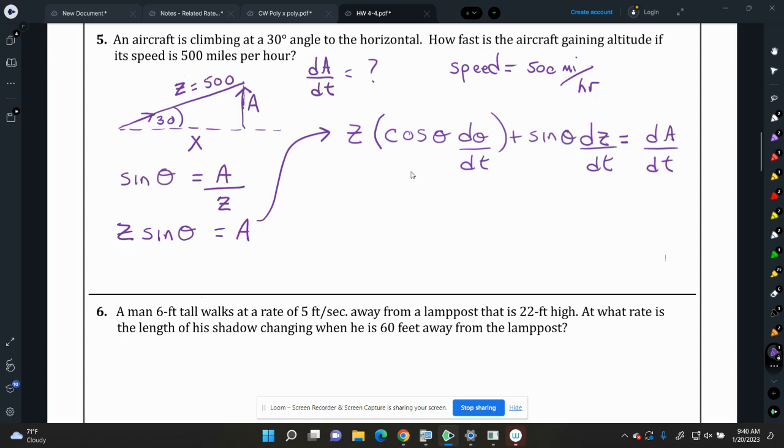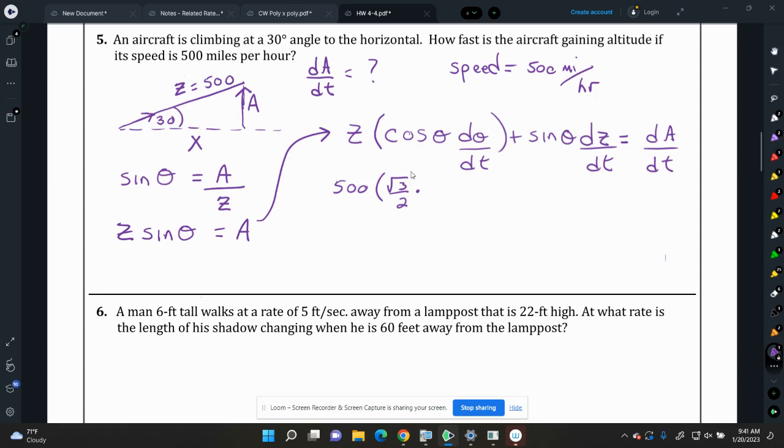So we know Z. Do we know the cosine of theta? Cosine of 30 degrees is radical 3 over 2. What's d theta dt? At what rate is the angle changing? The angle is 30 degrees.